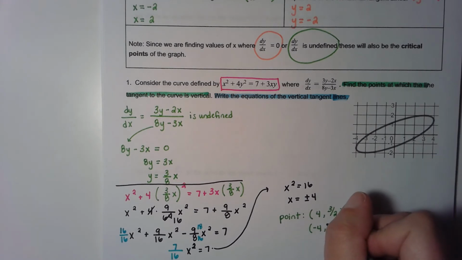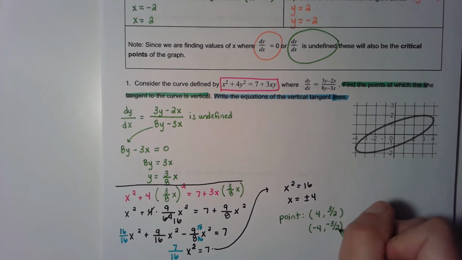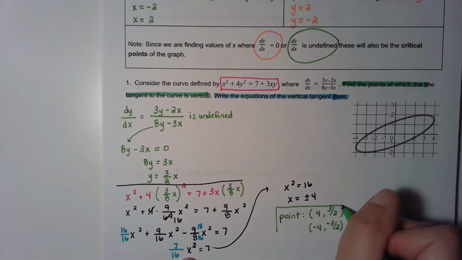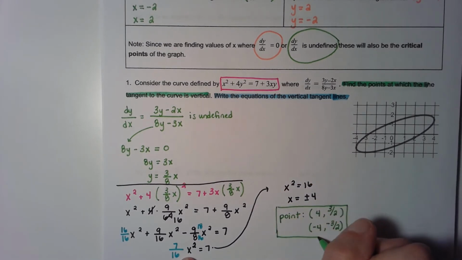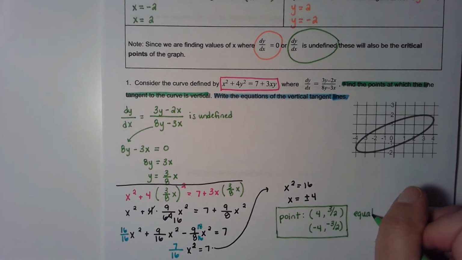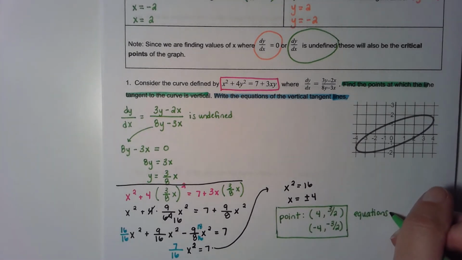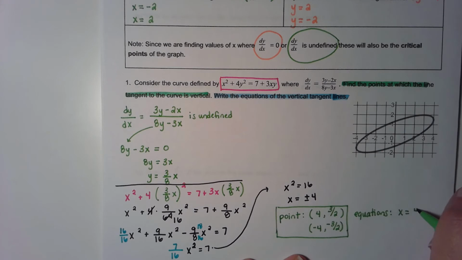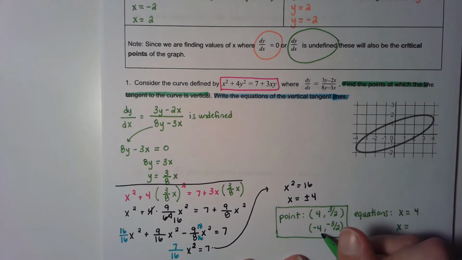And 3/8 times negative 4 is going to be negative 3 over 2. So those are the points at which my tangent line is vertical. And if I want to know the equations of the tangent lines, those are going to be x equals positive 4, and for the second point, x equals negative 4.